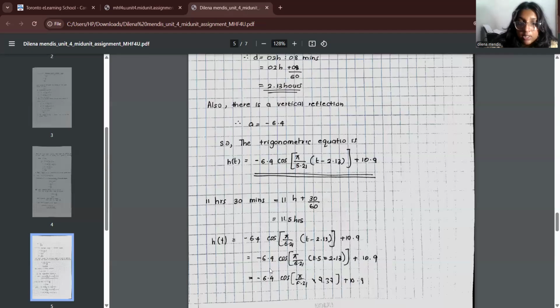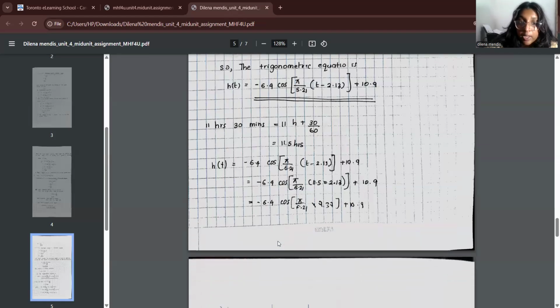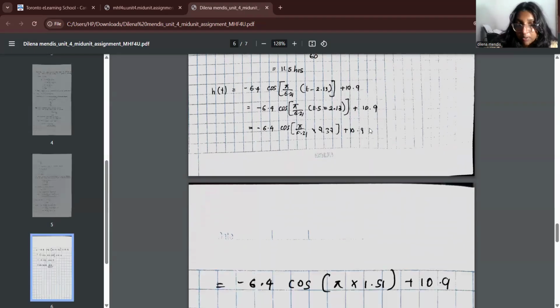At 11 hours 30 minutes, 11 hours plus 30 divided by 60 equals 11.5 hours. h(t) equals minus 6.4 cos(π over 6.21 (11.5 minus 2.13)) plus 10.9.